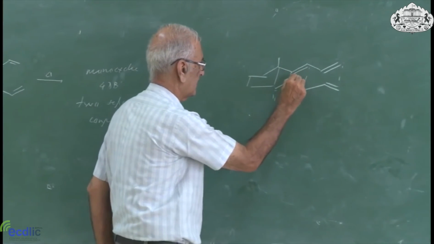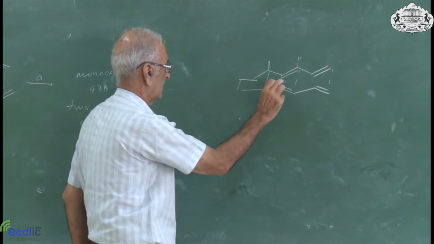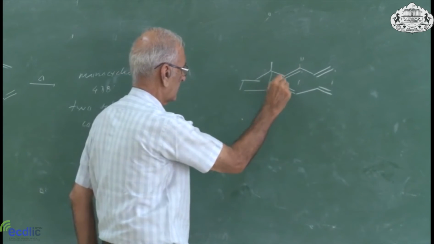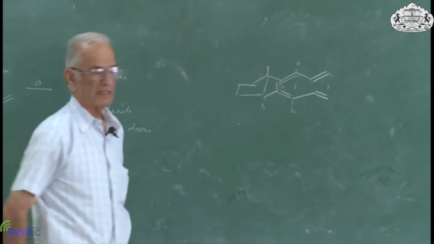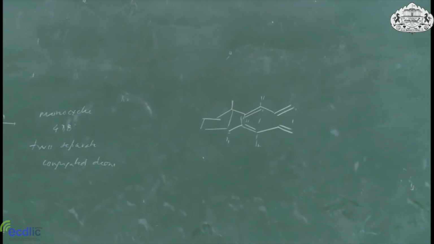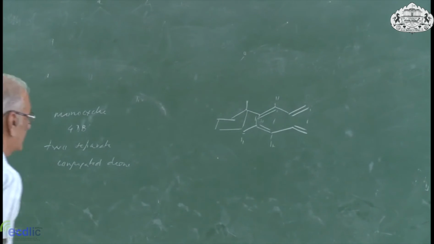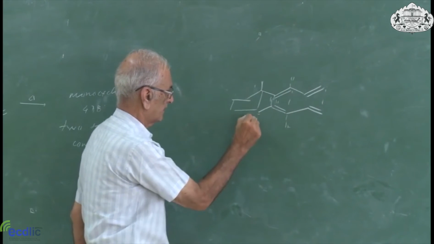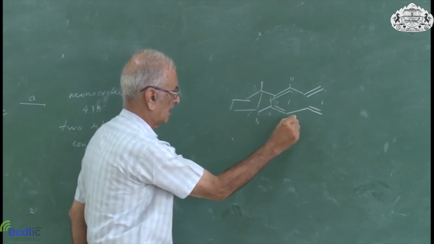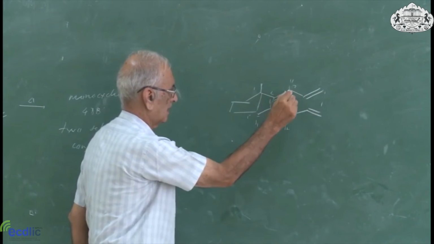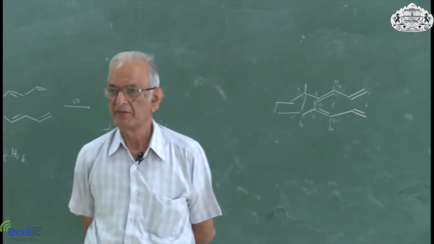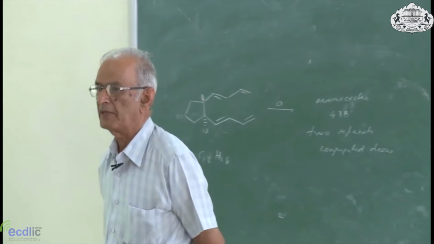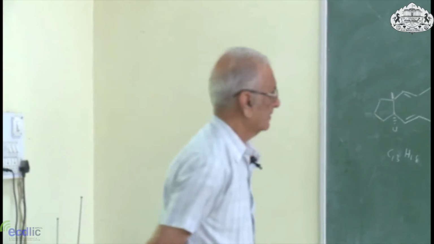I hope you are seeing this. This double bond is trans. This double bond is also trans. If I make it here, that will be a 3,3 sigmatropic reaction. What will happen?